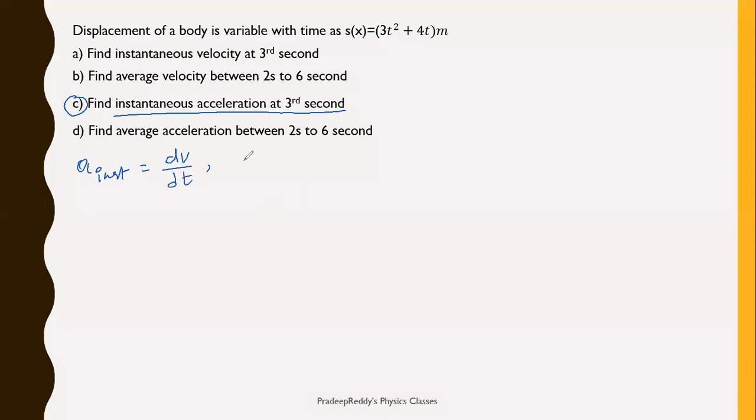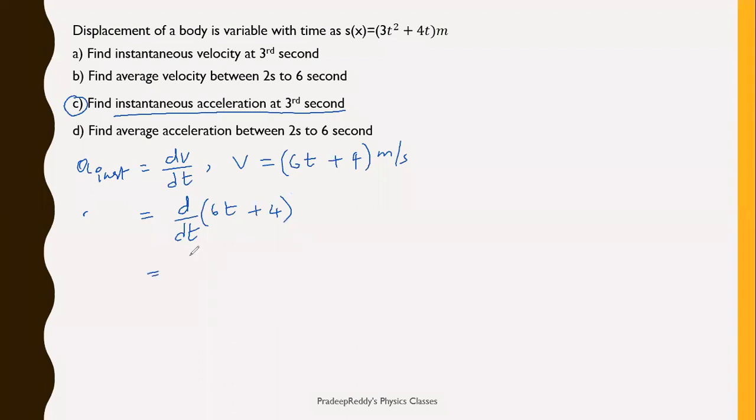And we have already got instantaneous velocity, V is equal to 6t plus 4 meter per second. Now what you need to do in order to find instantaneous acceleration is just differentiate this. A instantaneous is equal to d by dt of V. I will substitute this, 6t plus 4 meter per second.